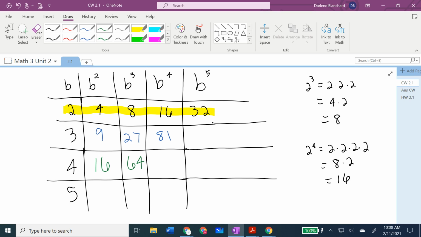And then 5. What is 5 times 5? And then multiply by 5 one more time. Right. Be familiar with these number patterns. Spend time looking at them. You're going to be playing with them throughout this unit.